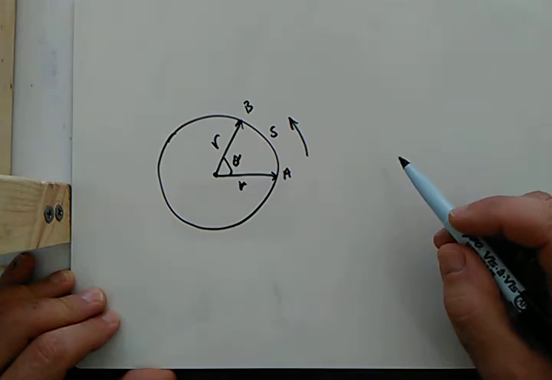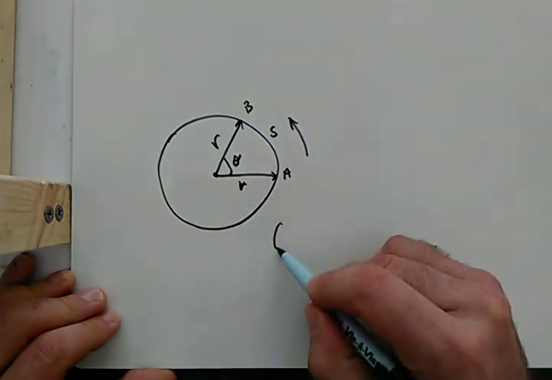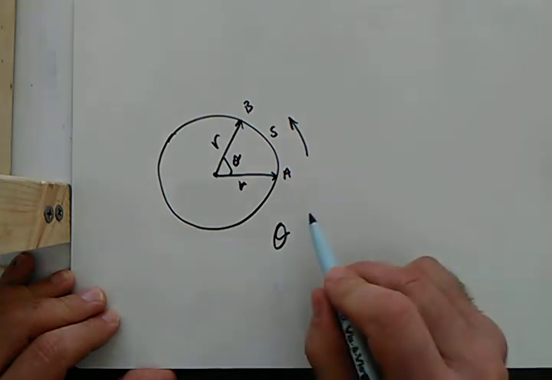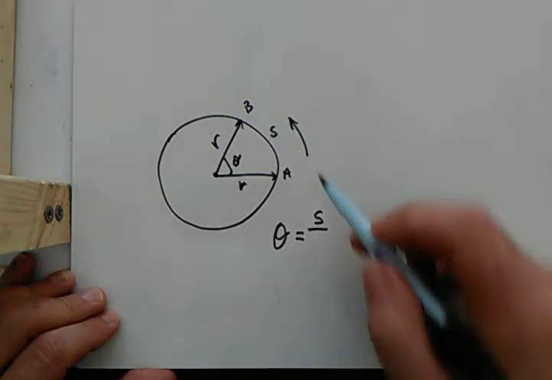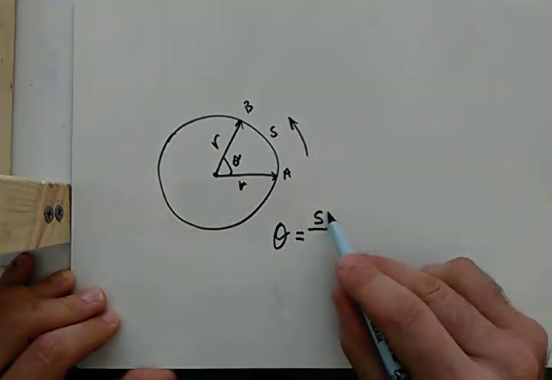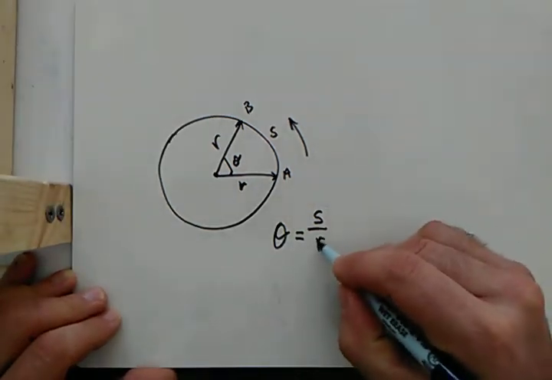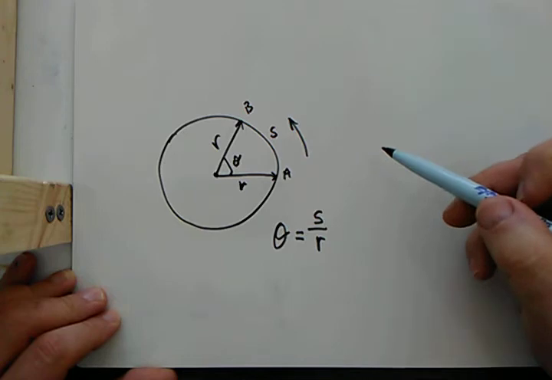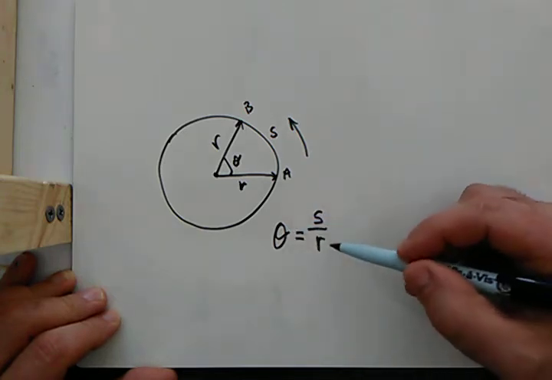So let's just take a peek at it. I'm going to give you guys a formula. Angle is equal to the S over the radius. You can think of the S being like the distance swept. So if I wanted to calculate the angle, I could take the distance swept and divide it by the radius.